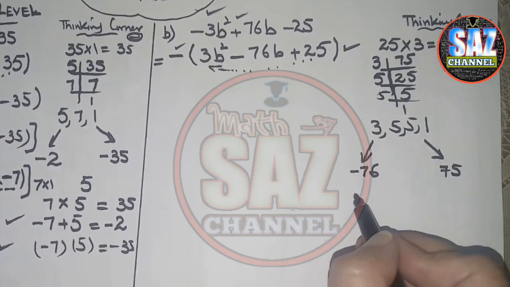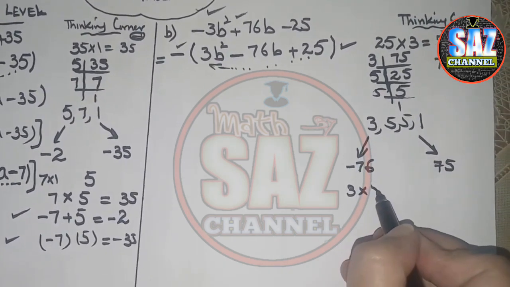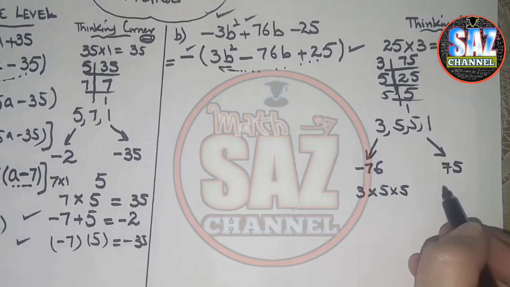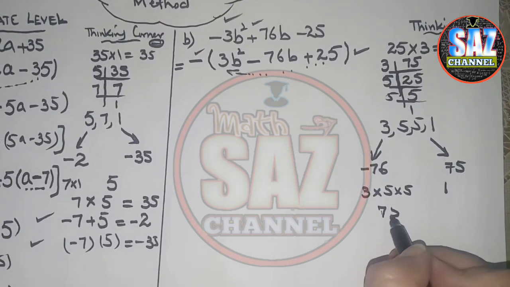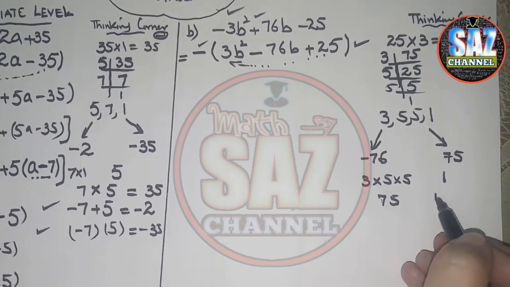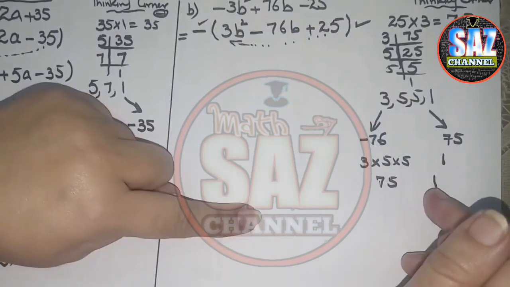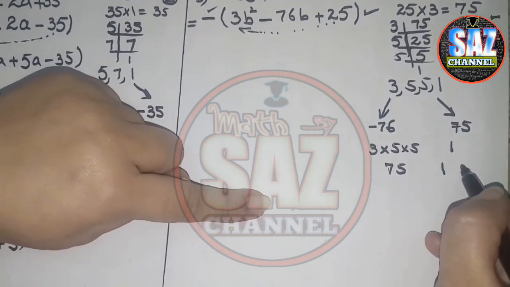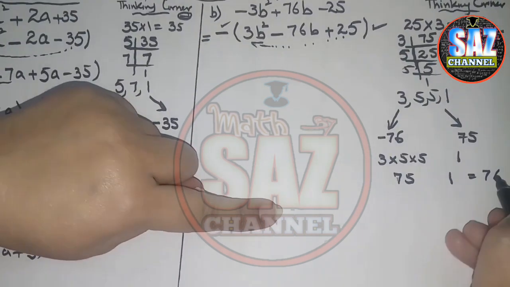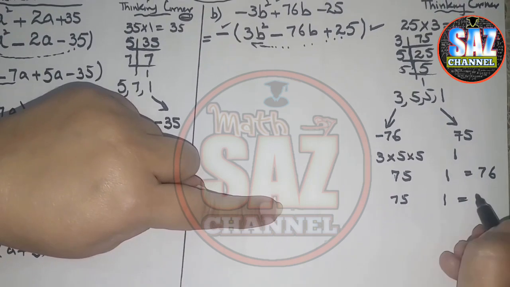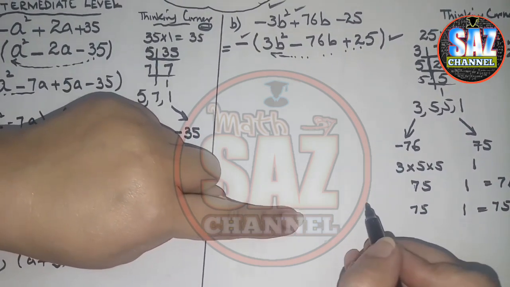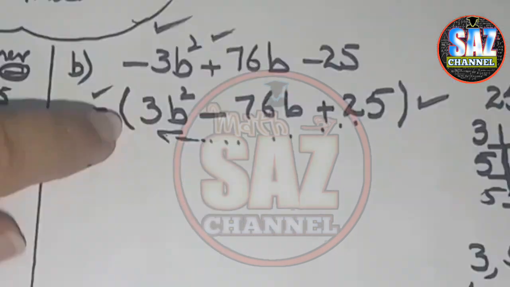If I'm taking these three numbers together, 3 multiplied by 5 multiplied by 5, and 1 alone, this product will give me 75, and this is 1. When I'm adding 75 to 1, I can get 76. Yes. And when I'm multiplying 75 by 1, I can get 75.